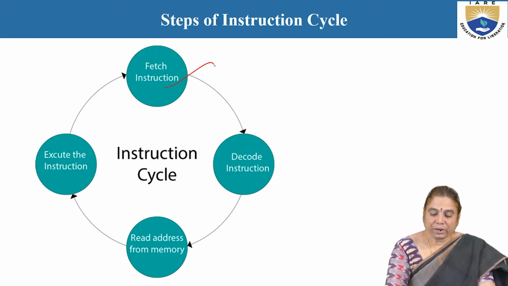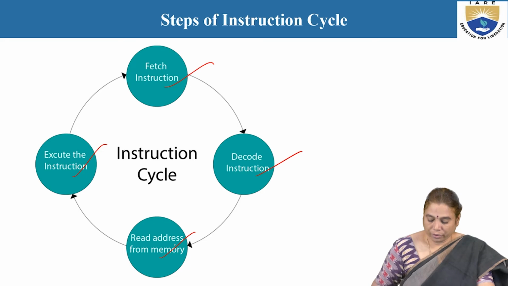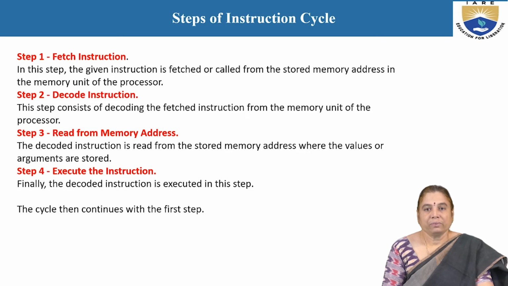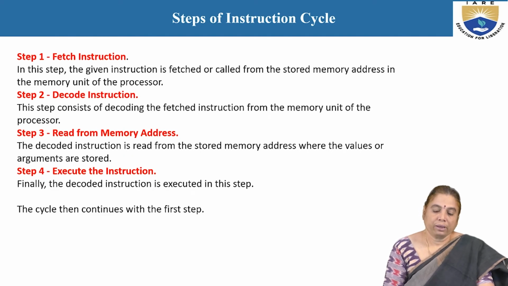So, fetch instruction, decode instruction, read address from memory to get the operand, execute the instruction. These are the steps of the instruction cycle. During step 1, fetch instruction means the instruction is read from the memory and stored in the instruction register. The second step is decode instruction.